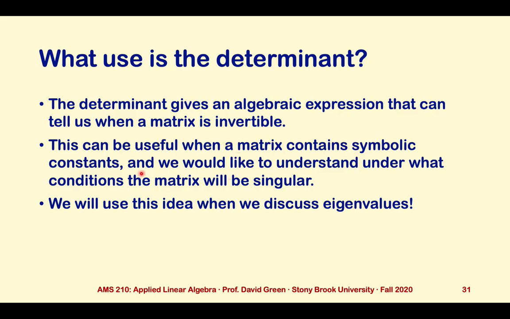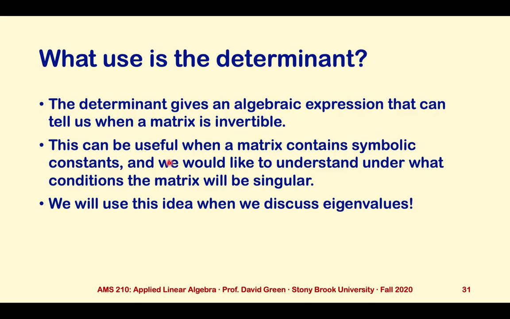Well, one application is that if we have a matrix that has a lot of symbolic constants, letters that represent numbers rather than actually just numbers, elimination becomes messy. When we have to keep track of all of the individual elements, elimination becomes very, very frustrating to apply.